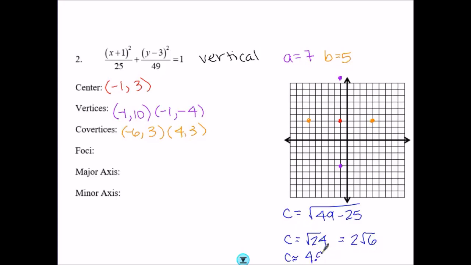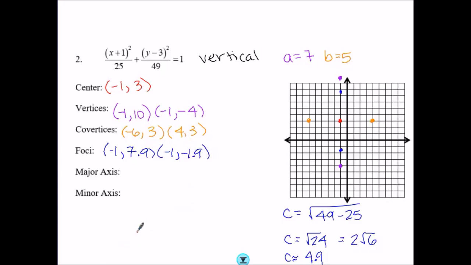So we are going to go approximately 4.9 units to find our foci. So starting from the center, that would be about there. And there. So our foci are (-1, 7.9) and (-1, -1.9).